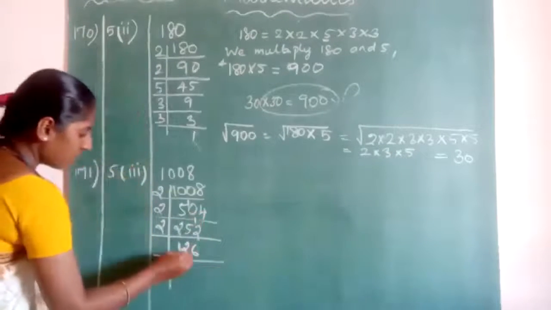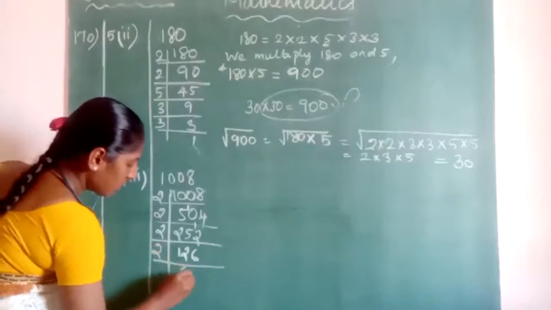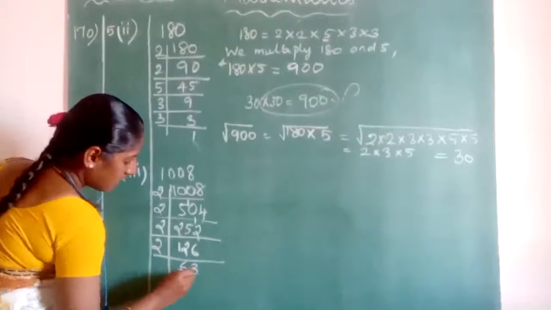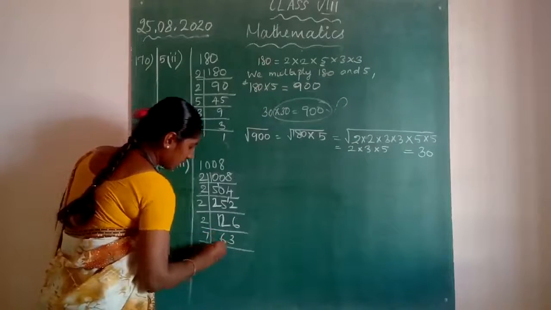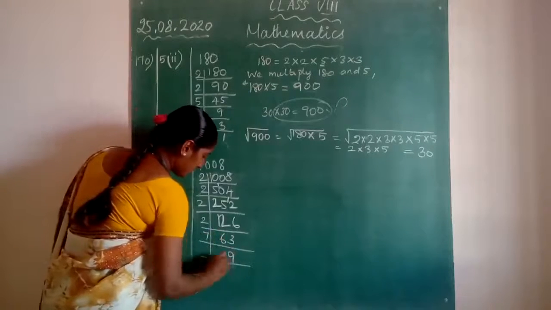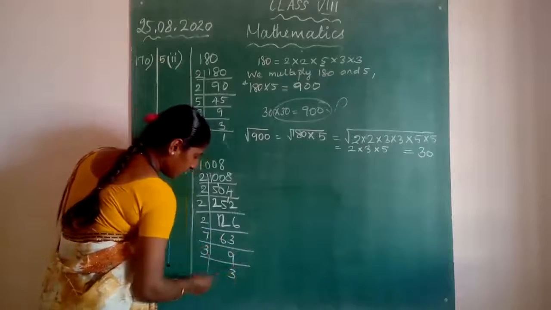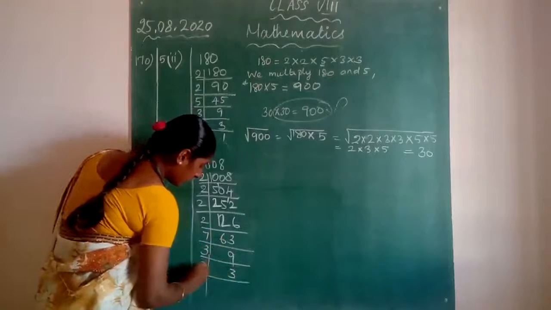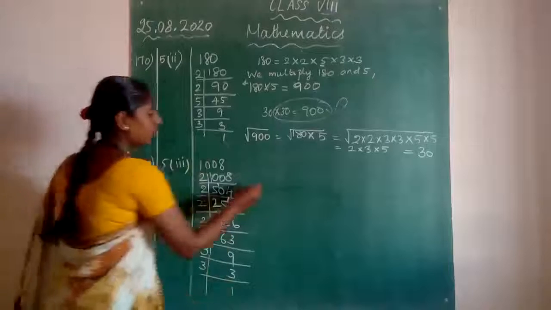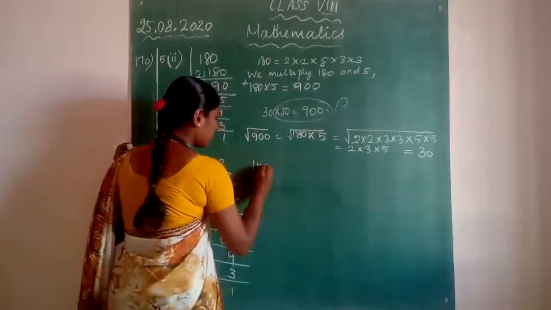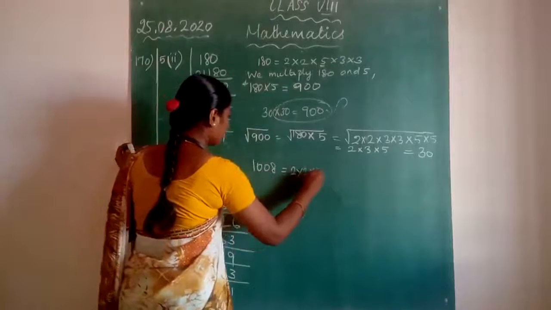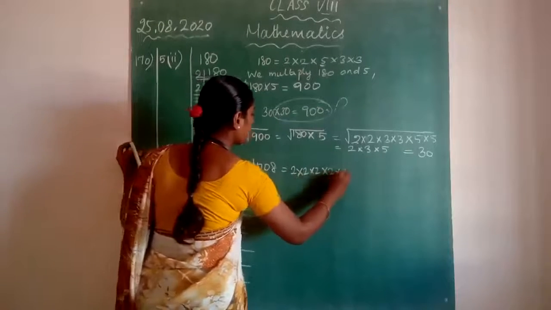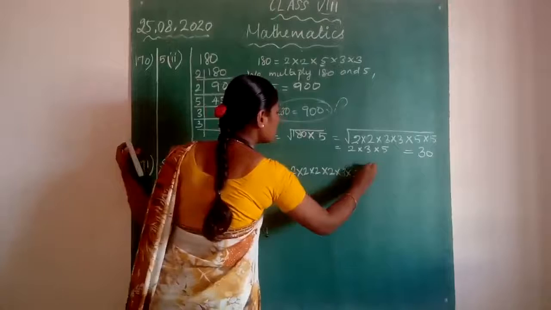Okay, then you have 2 6s are 12 and 2 3s are 6. Then 3s, then 7 9s, then 3 3s and then 3 1s. Okay, now you can write 1008 as 2 into 2 into 2 into 2 into 3 into 3 into 7.